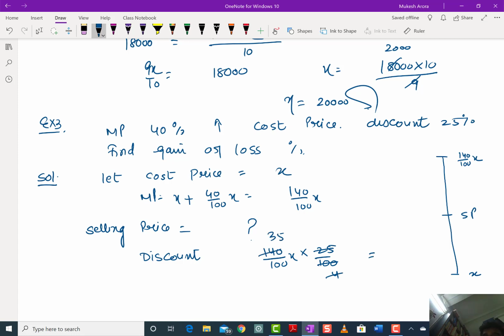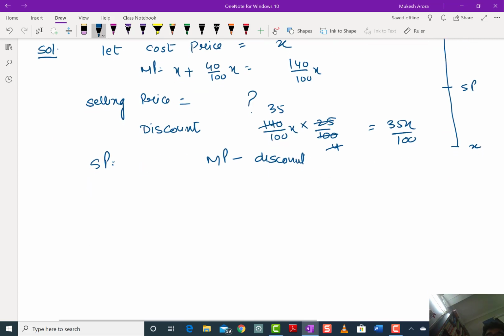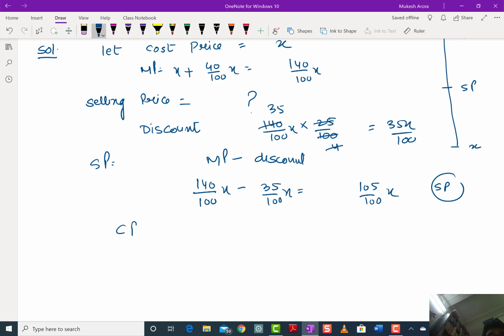35 by 100 x is discount. Selling price is mark price minus discount. Mark price is 140 by 100 x minus discount, this will be 105 upon 100 x, that is selling price. Now the cost price was x. There is a gain.